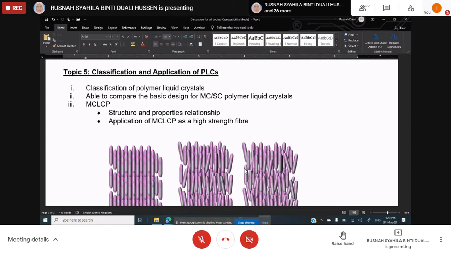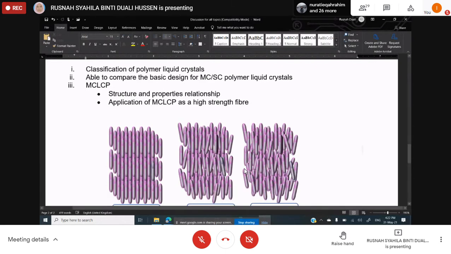So that's why you can see there are subclassifications of polymer liquid crystal. In main chain liquid crystal polymer, a very common example of application is high strength fiber, which is Kevlar.